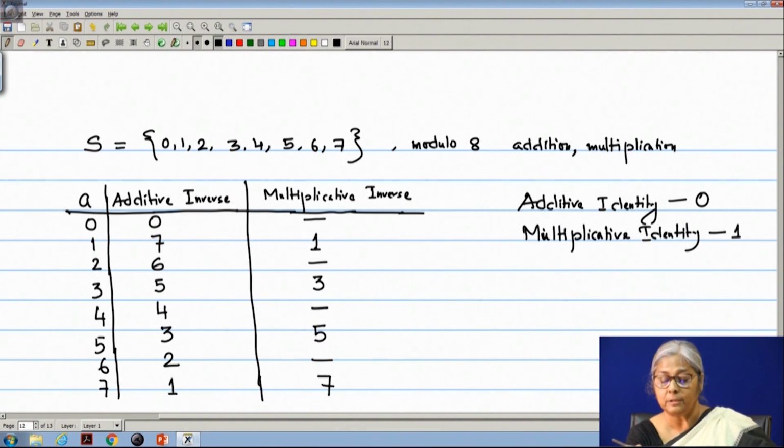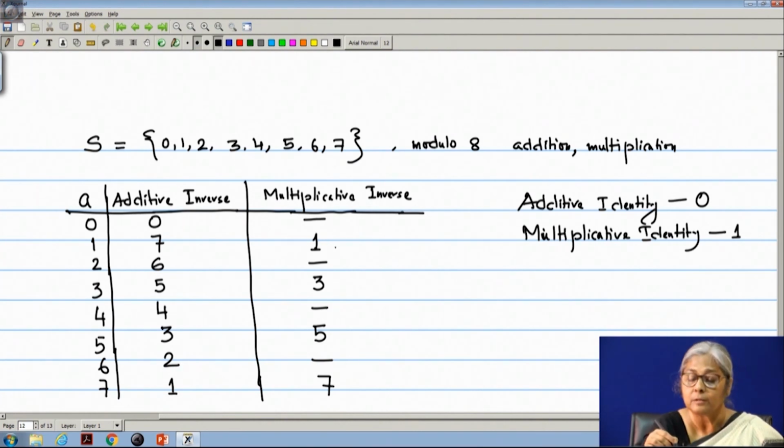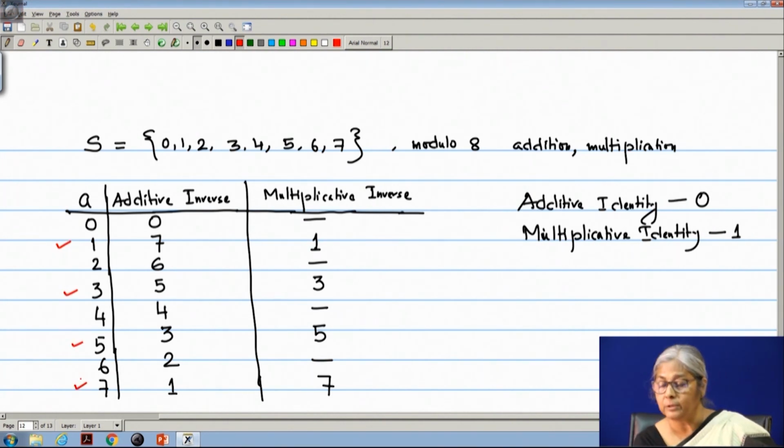And we have already concluded earlier, the conclusion we have made, that if A is relatively prime with n, that means for 1, 3, 5 and 7, then only we get the multiplicative inverse.